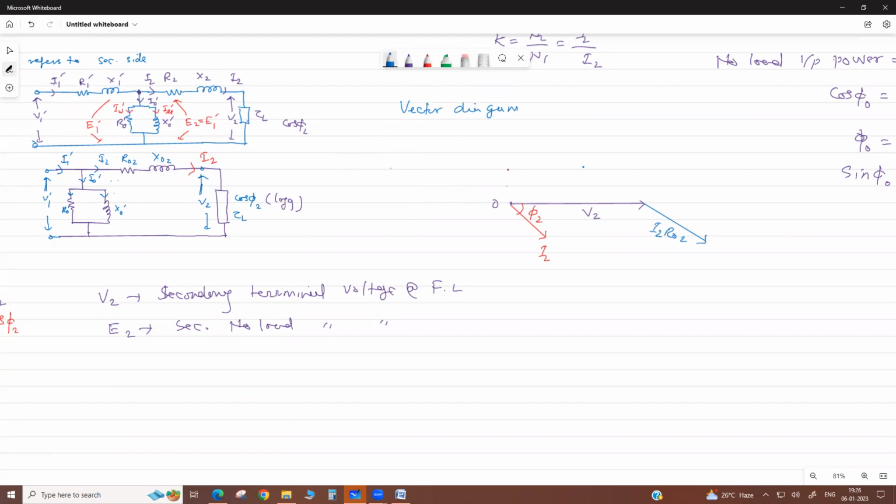So this inductive drop makes a 90-degree angle here. This is I2 X02, the total drop in the reactance.